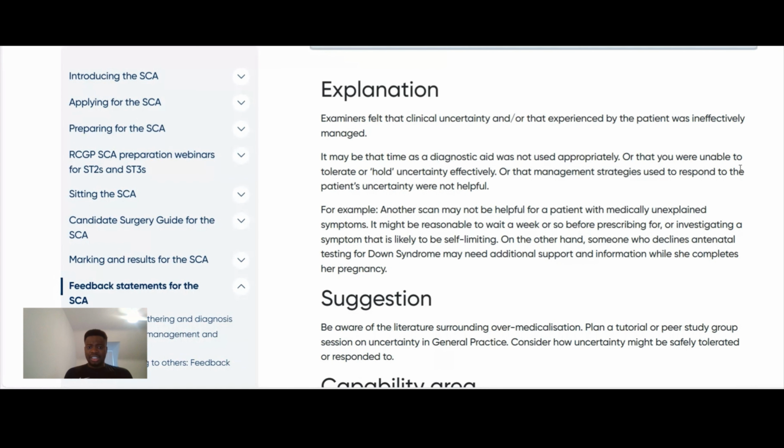So, the suggestion is to be aware of the literature surrounding over-medicalization, where we are likely to medicalize a lot of things, and some of them are not actually medical things. So, for instance, if you've taken a thorough history, you still do not know what's going on. A scan may not necessarily help in terms of getting further clues into a medically unexplained symptom.